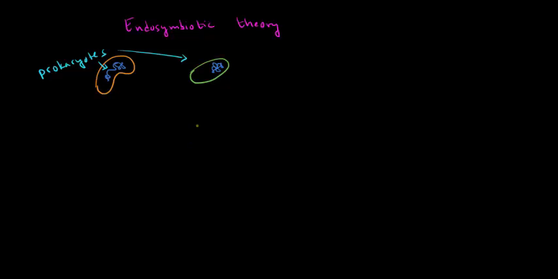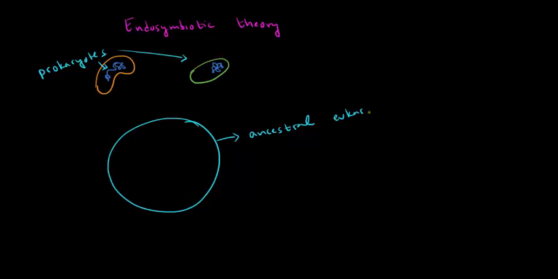But eventually, they joined what I'm going to call an ancestral eukaryotic cell. And in case you're wondering when this happened, we'll say about 1.5 billion years ago.